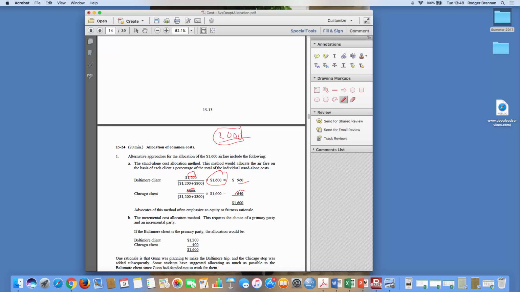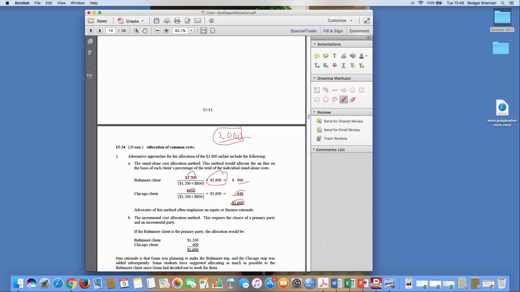Again, fair and rational, and your clients will, number one, like it because they're saving money, and number two, they're going to see it as fair, and they're not being penalized. So the standalone and proportional method has several advantages. One is it's very clear to understand precisely what you're doing. Very easy to do, very easy to understand.